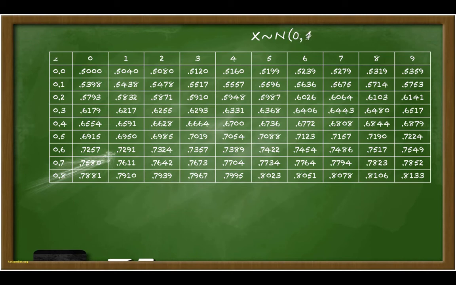Here you can see this is for a variable that follows a normal distribution with mean 0 and standard deviation 1. The random variable that follows this normal distribution is usually represented by z instead of x. When z is 0.00, the probability is 50%, for 0 or less.